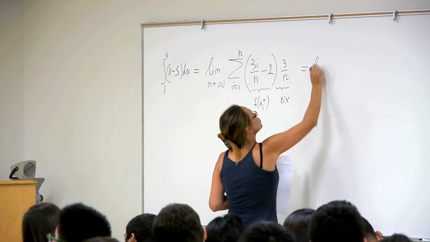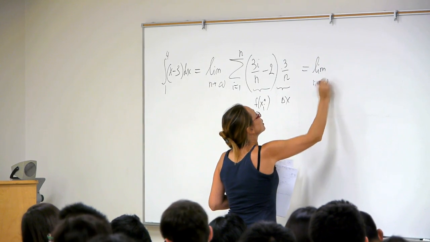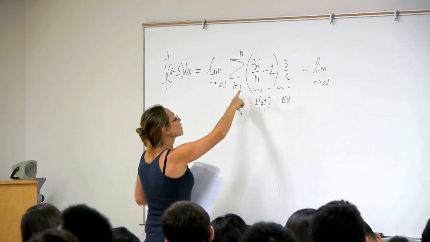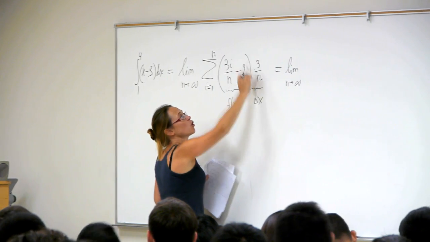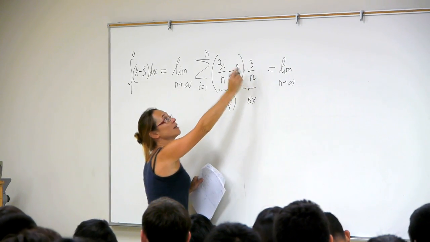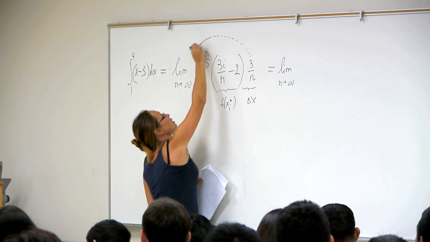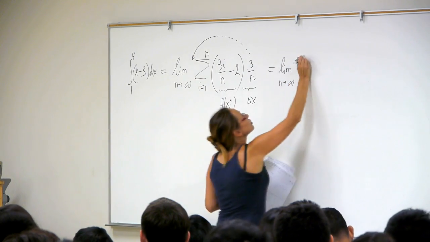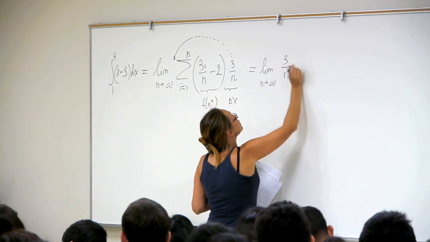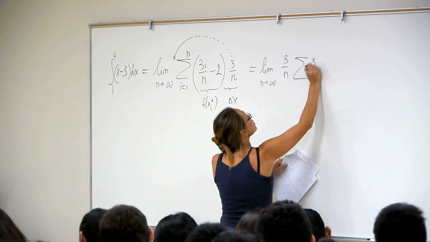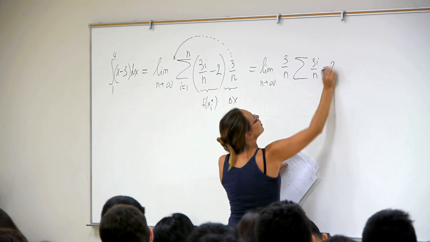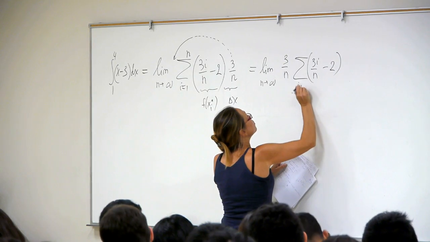So I continue to write limit. To evaluate the sum, I notice that this is a constant. It doesn't depend on i. So this can actually come out here. So I have 3 over n, and here I have a sum of 3i over n minus 2.